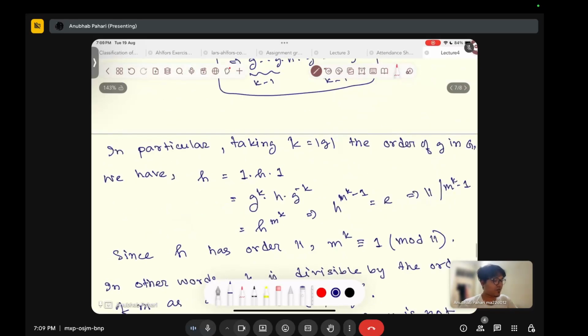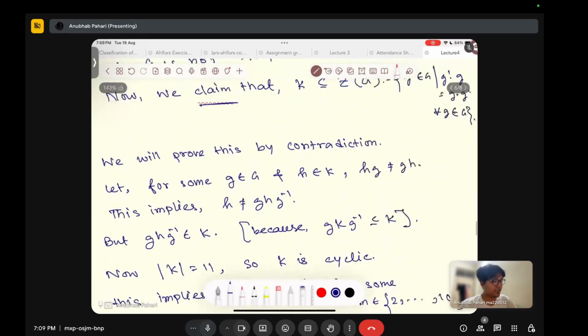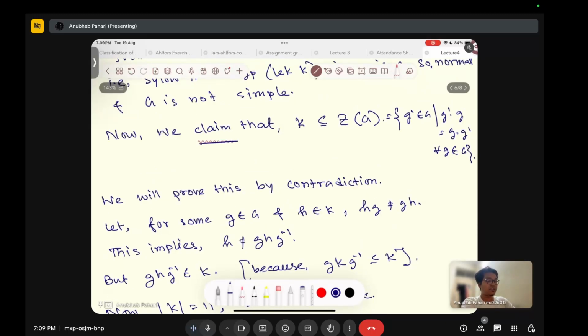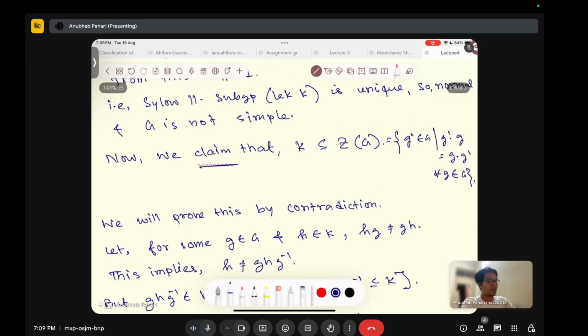So contradiction to what? Contradiction to the supposition that there is an element in capital K such that this inequality happens. If we contradict this, then for every element of G and for this small h we have this equality.